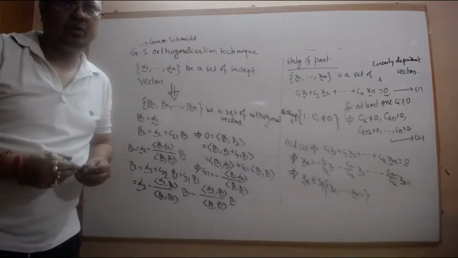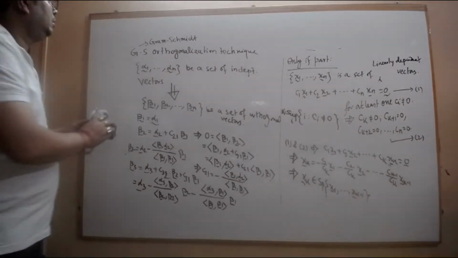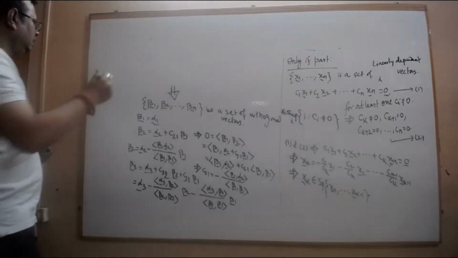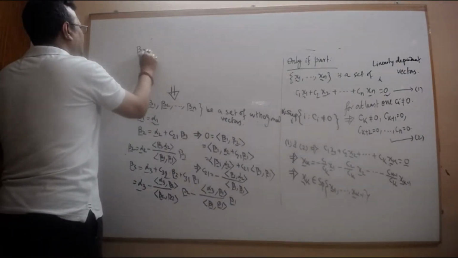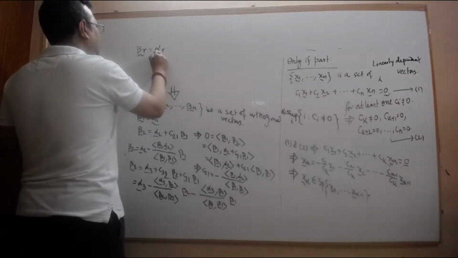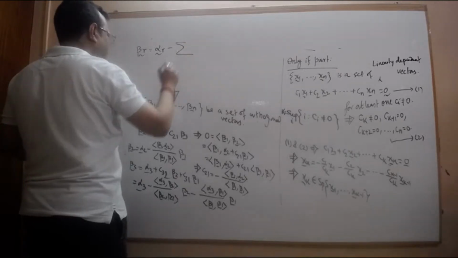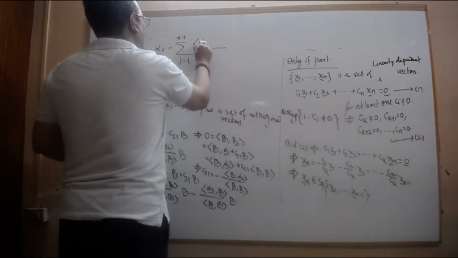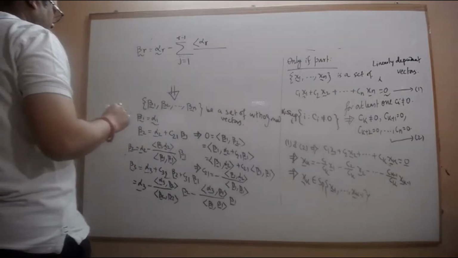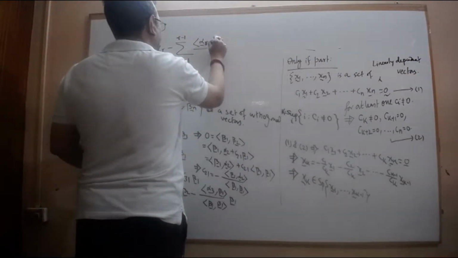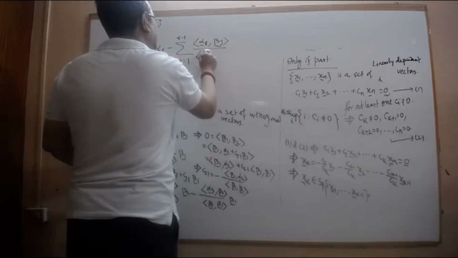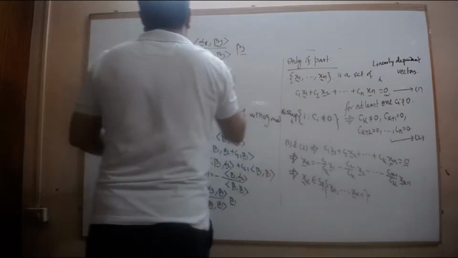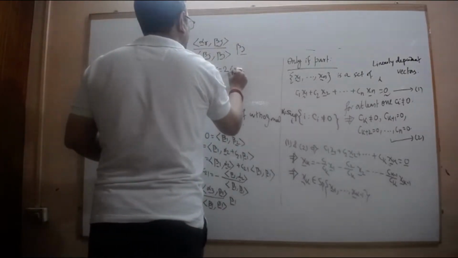So generally, beta r curl is equal to alpha r curl minus the sum over j from 1 to r minus 1 of the scalar product of alpha r and beta j curl, divided by the scalar product of beta j with itself, times beta j curl, where r goes from 2 to n.